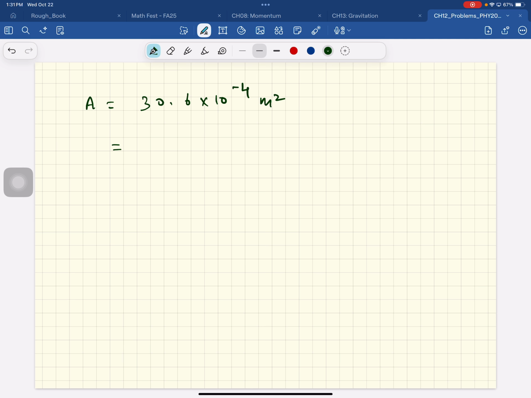A centimeter is 10 to the minus 2 meters, so this is in centimeters squared. This is equal to 30.6 centimeters squared. And area is pi r squared, so r is the square root of 30.6 divided by pi, in centimeters.